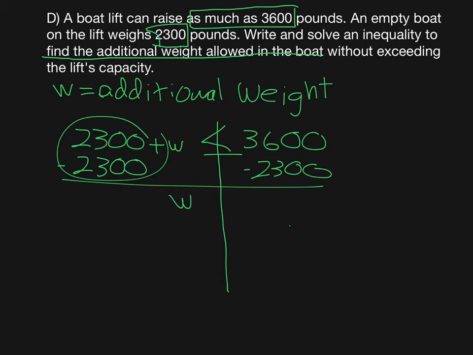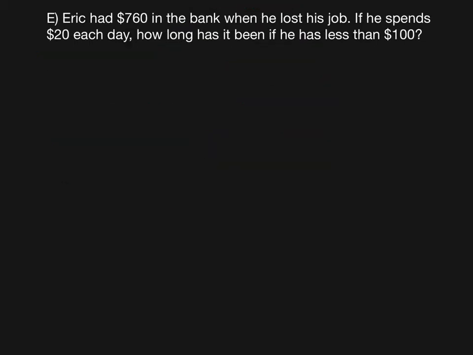So we're left with W on the left side. On the right side, when we subtract that same amount from over there, we have 1,300 left, and our inequality does not change in this specific case. So we say that W, the additional weight in the boat, has to be less than or equal to 1,300 pounds. All right, we're going to do one more quick example.